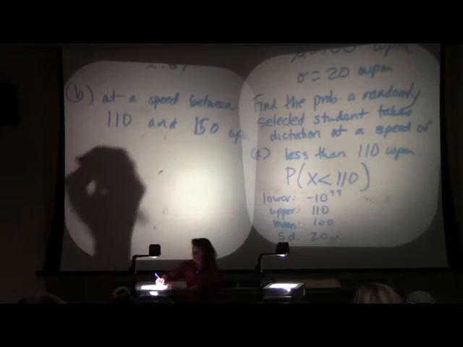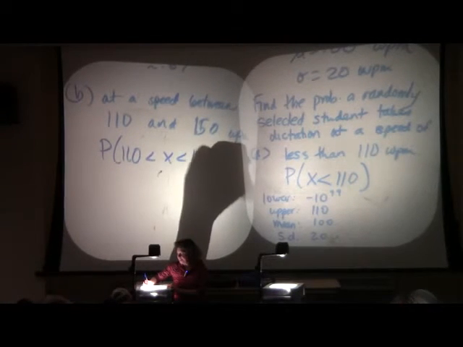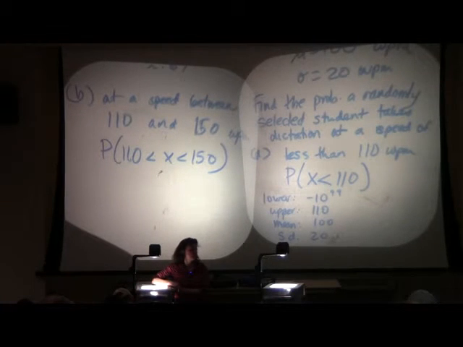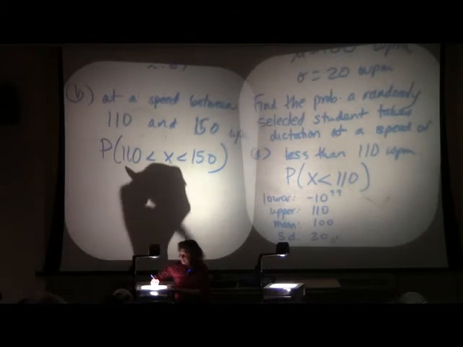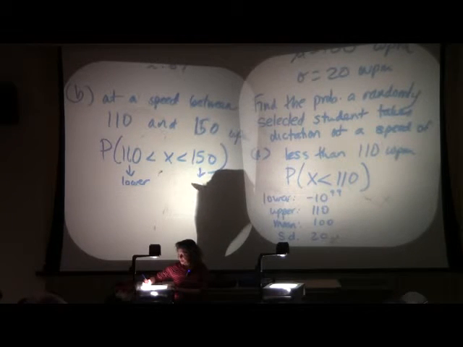All right. Do you guys agree that I'm finding the probability that x is between 110 and 150? Okay? Again, those of you with that nice calculator, 110 is your lower and 150 is your upper.